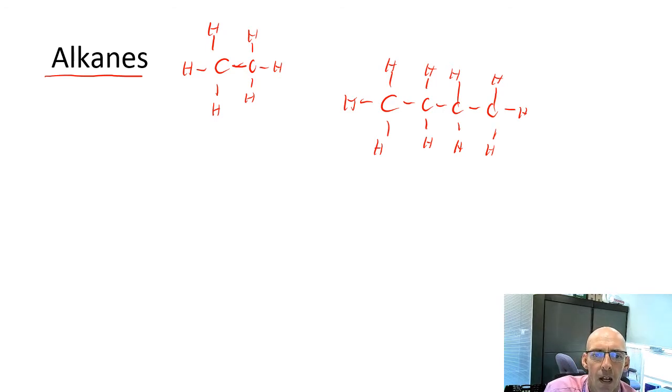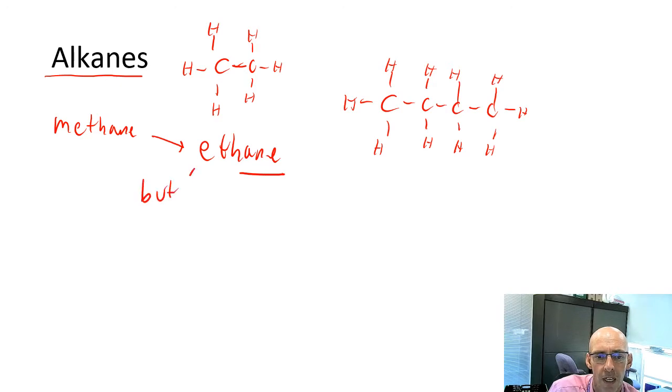They're called alkanes, so this one, for example, is called ethane. They all end in the word ane. 1 carbon is methane, 2 carbons is ethane, 1 carbon in a chain, 2 carbons in a chain.